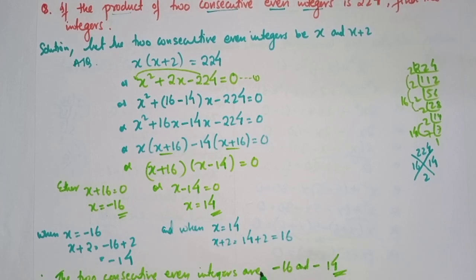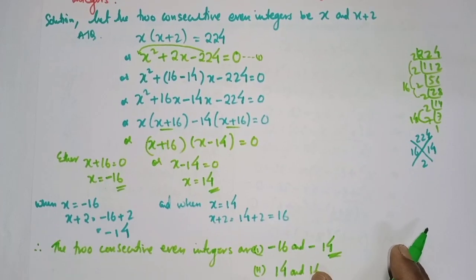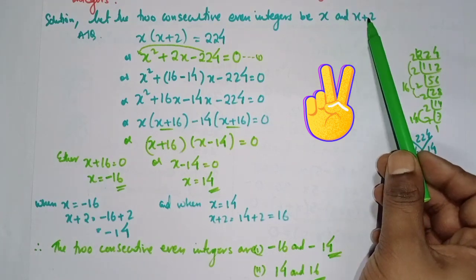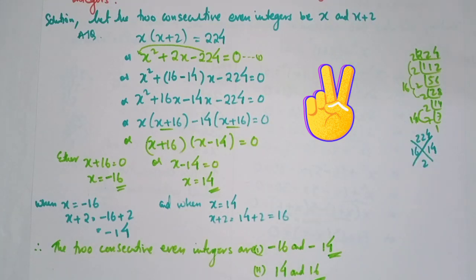Okay, this is our first answer. The second answer, what did I get? 14 and 16. So I got both the answers. So we will write like this. Okay, so let's solve another question. Hope you got an idea. Even means it will be plus 2.